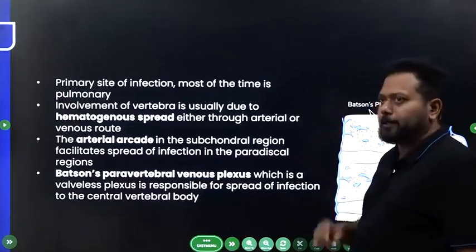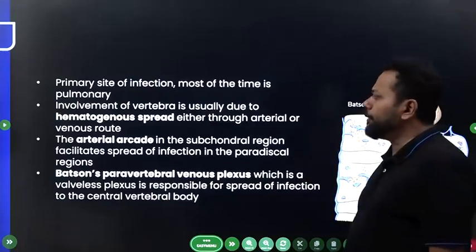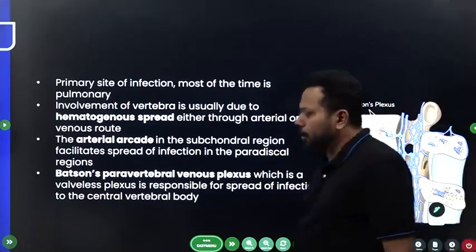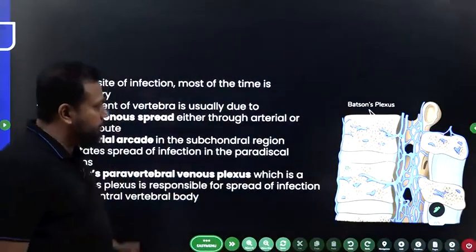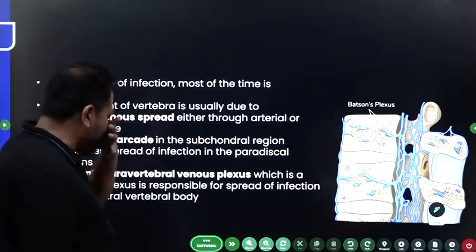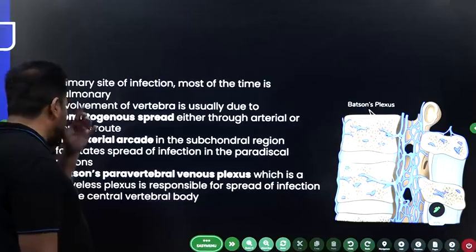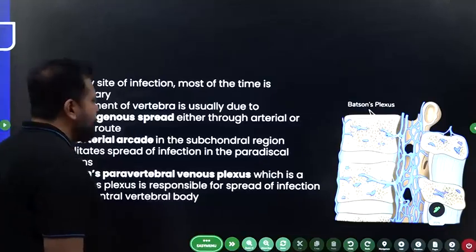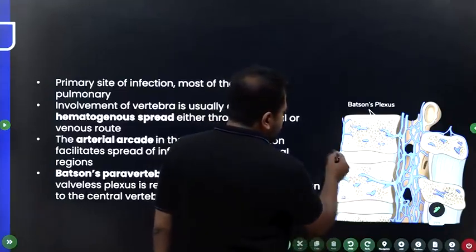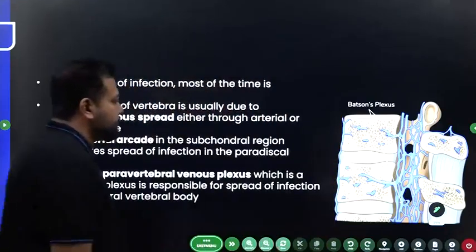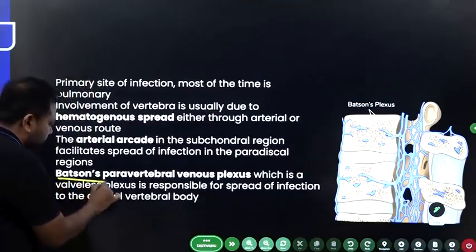I told you, 90%. Involvement of the vertebra is usually due to hematogenous spread, either through an arterial or venous route. Look at the diagram, either through arterial plexus or venous plexus. The arterial arcade in the subchondral region facilitates spread of the infection to the paradiscal area. If it is venous plexus, that's called Batson's plexus, a several times repeated MCQ.